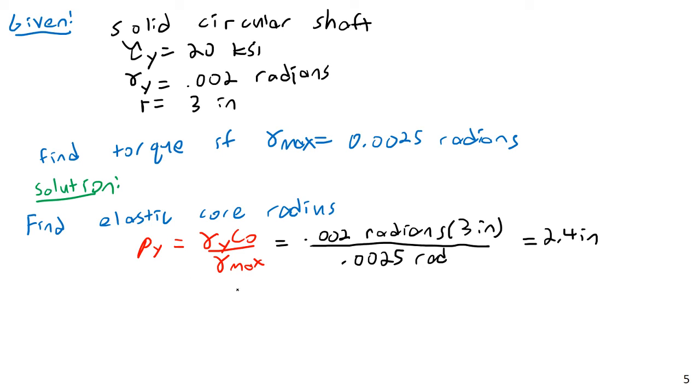So most of the radius of the cross-section is actually going to be elastic, but the outer 0.6 inches is going to be in the plastic zone.